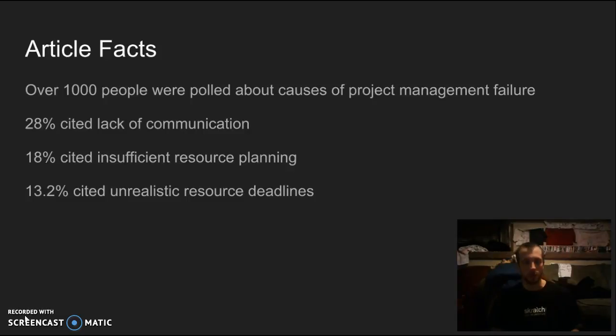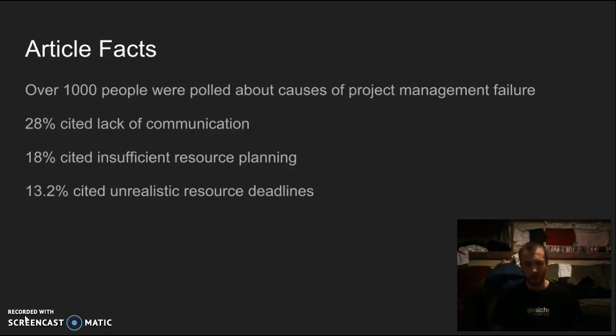What really jumped out at me was all three of these criteria were also in the CIO article. So it wasn't just the fact that communication was in both. There were also all these other three, which just shows that these are all major problems that can come up in project management.